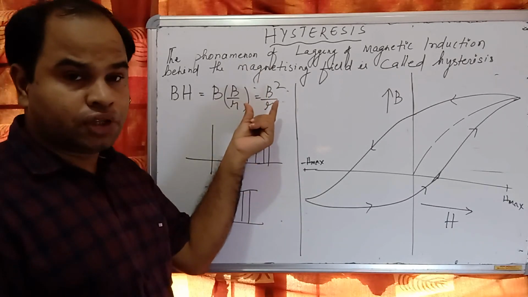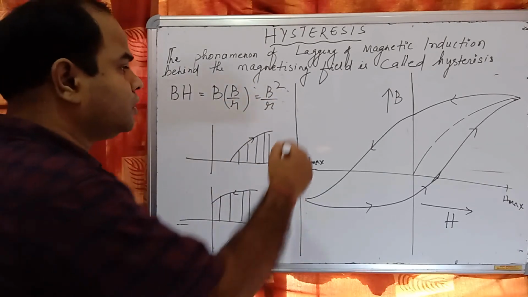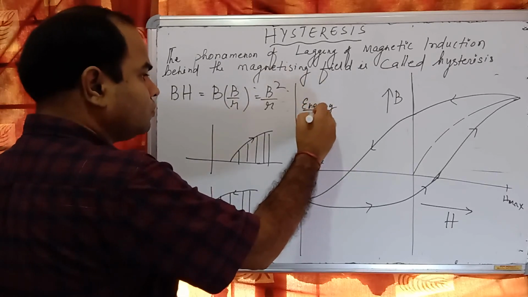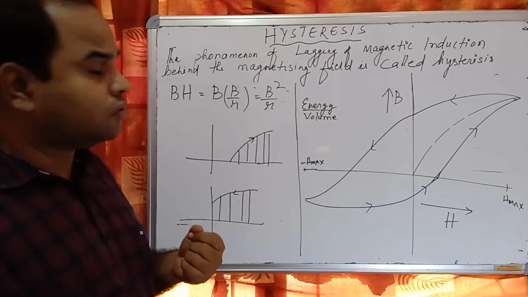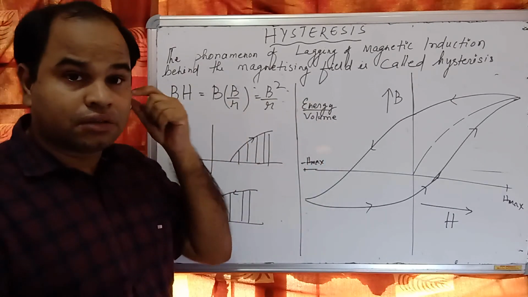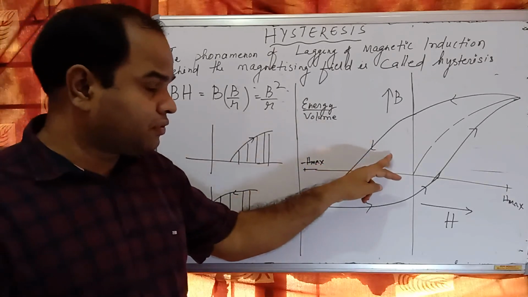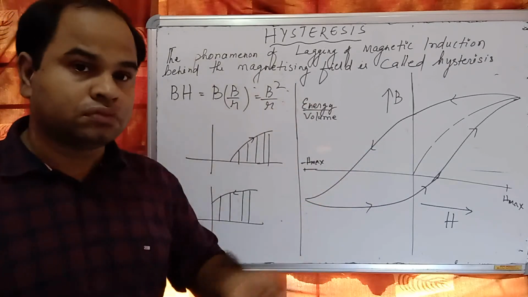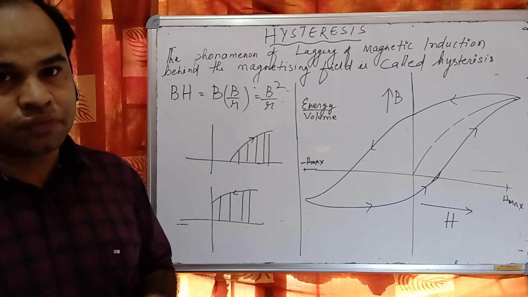When you find the unit of this B square by mu, it is equal to the unit of energy per volume. ठीक है? So that means we can say this graph represents energy per volume during magnetization and demagnetization.